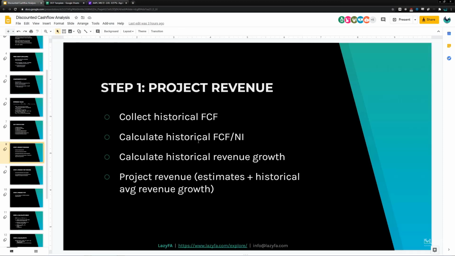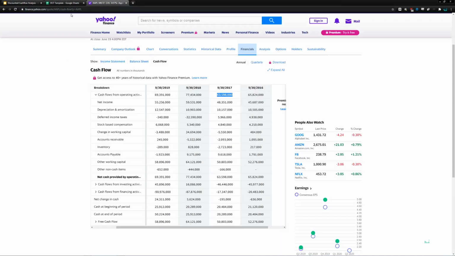Next, we need to calculate the historical ratio of free cash flow to net income. The reason that we want that is because it's going to allow us to project net income in the future, which we will need. So that is really simple to get also.